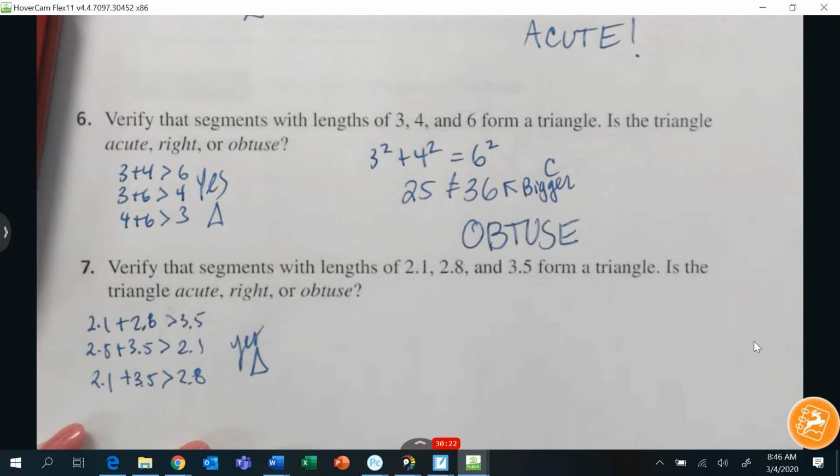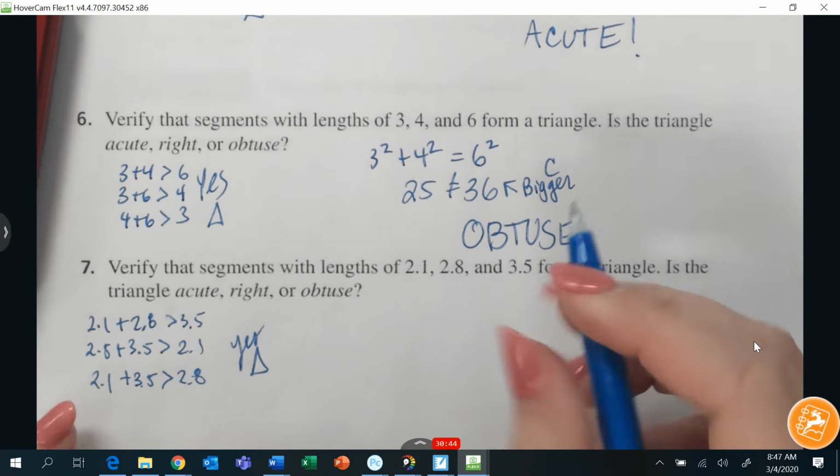Steven, what am I going to do next? Did I wake you up, dear? That's why I called on you. Steven, do you know the Pythagorean theorem? Okay, so tell me what am I going to do with these three?